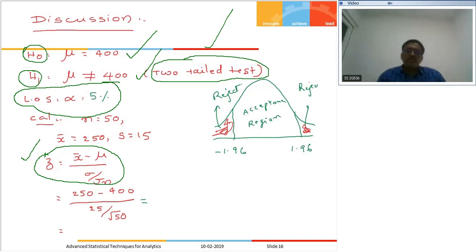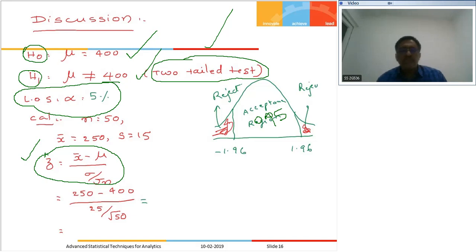So now if you see here, as we discussed, this is 0.95. So I'm confident that it lies here, that is with 95% confidence that it is correct, right?